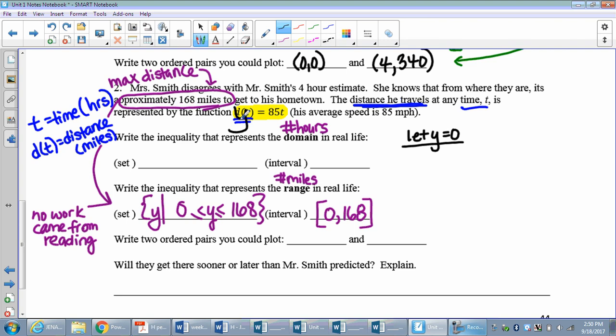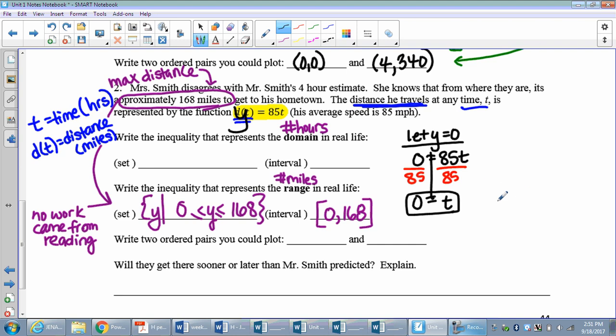So this entire side of the equation becomes 0 equals 85t. And now let's solve. 85 times t, the opposite of multiplying is dividing. So I will divide both sides by 85. And I get 0 equals t. That's one value for my range.